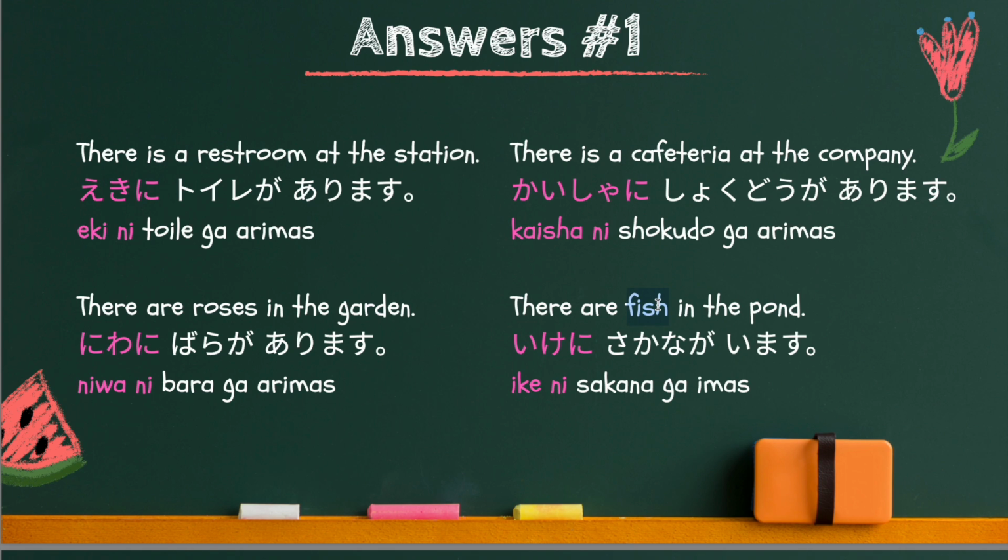Now I will read those sentences, so please repeat after me. 駅にトイレがあります。庭にバラがあります。会社に食堂があります。池に魚がいます。Very good job.